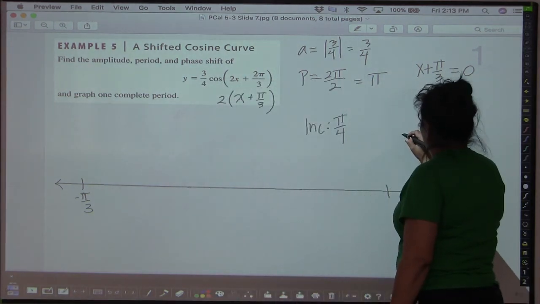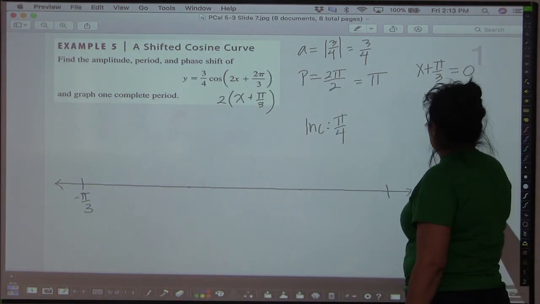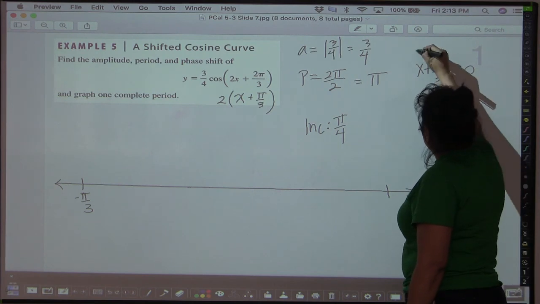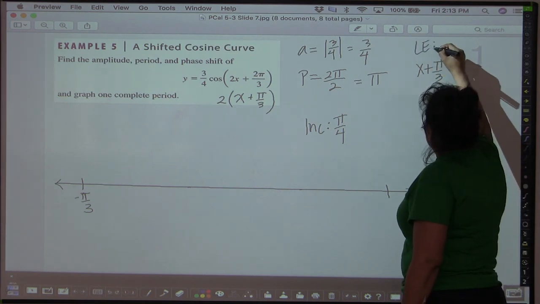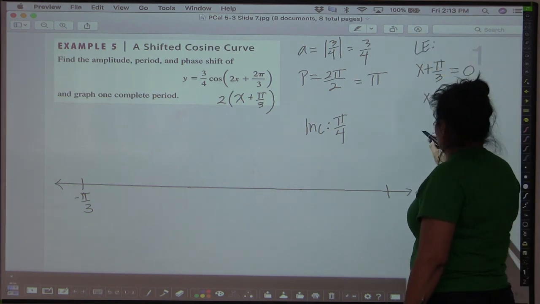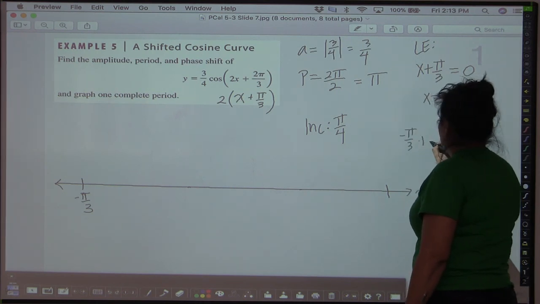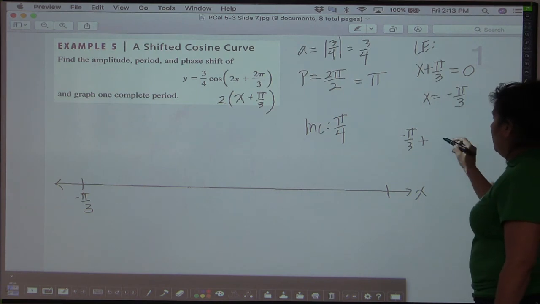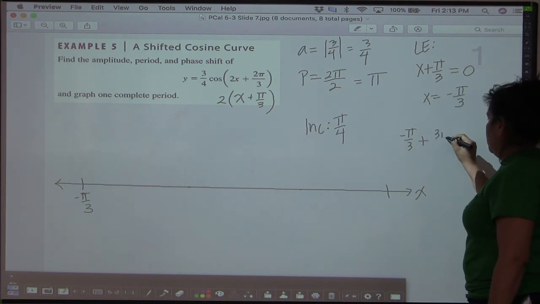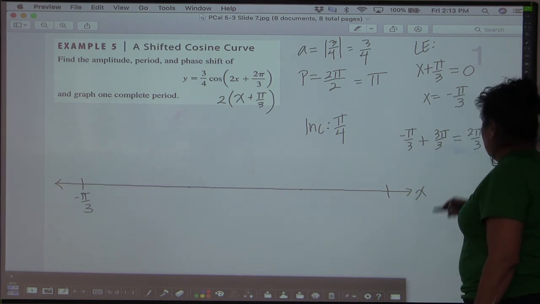So my left endpoint is negative pi over 3. My right endpoint is where I'm starting, adding the period to that. My period is pi, which is basically 3 pi over 3. So when I do that, I'm going to end up at 2 pi over 3.